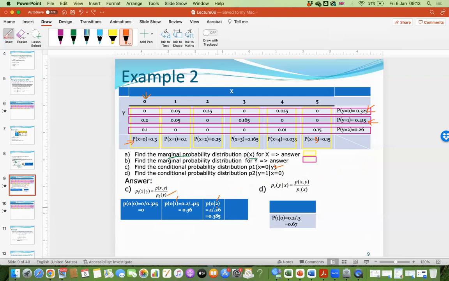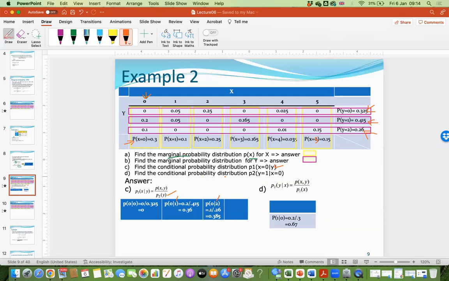And my marginal Py equals to 2, I have 0.26. So by putting them, I can show the conditional probability distribution when X having different values.